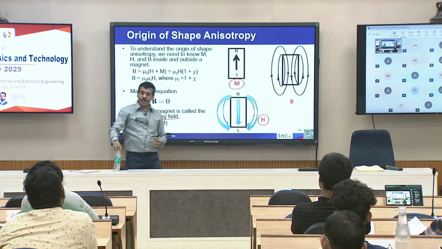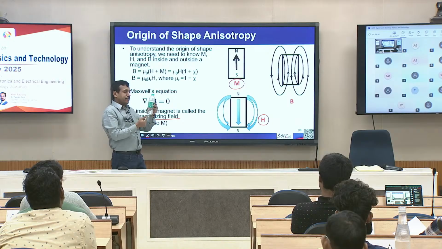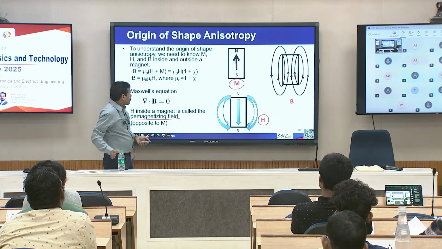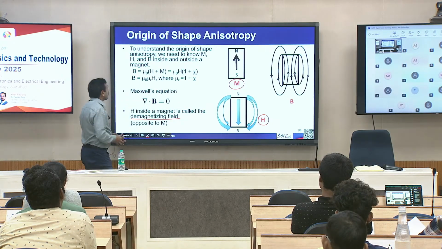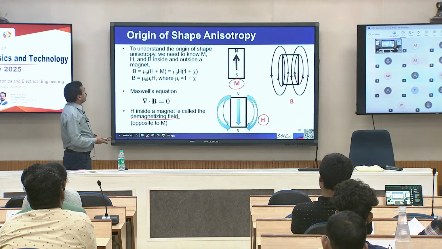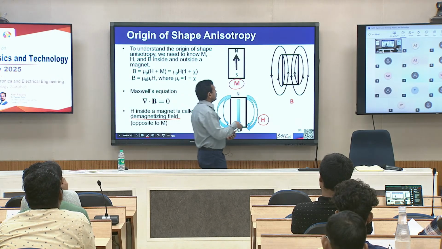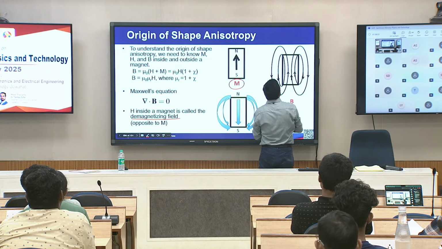So, if I have a magnet like this, there is a field inside this material that goes from this side to the outside through, let us say, the center of this bottle. This field is called demagnetizing field. Then you also know that by Maxwell's law, the B is always forming a loop.